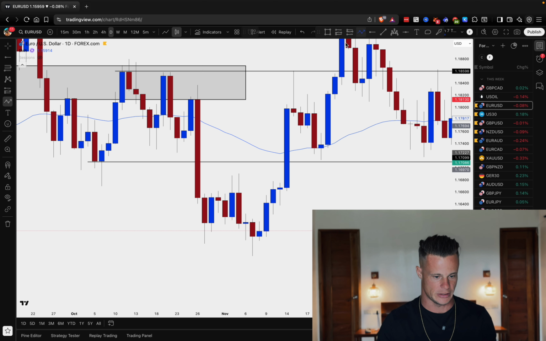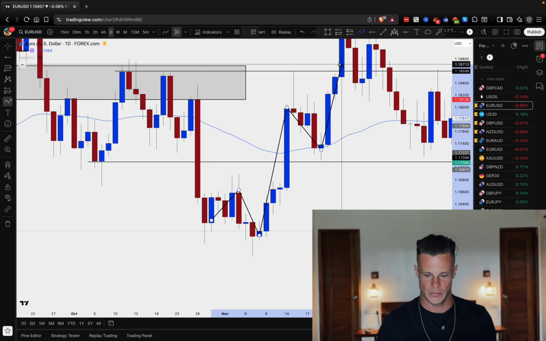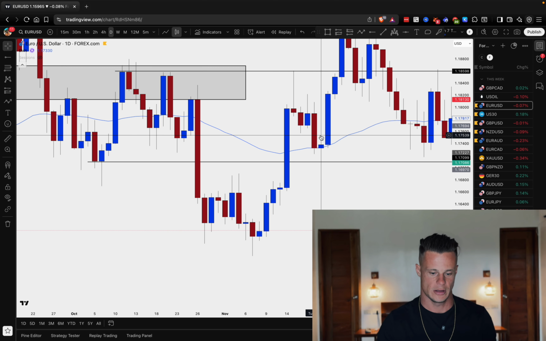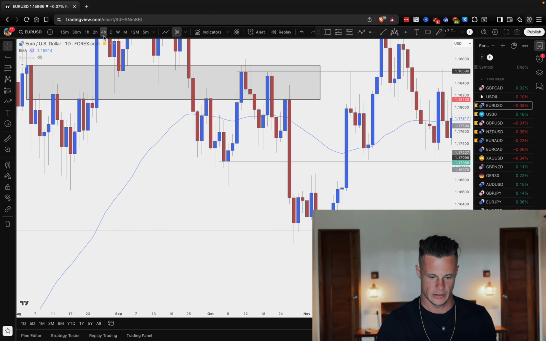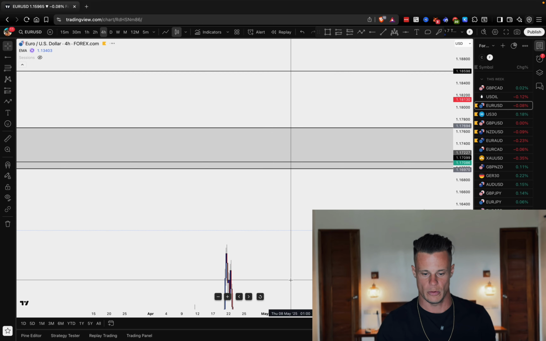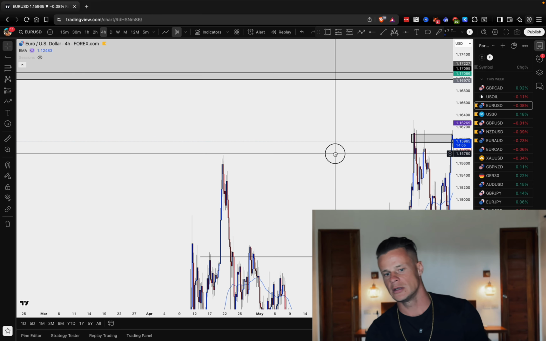For whatever reason, probably this price here or here could serve as a support. We just bounced, maybe there was news or something, so it just turned around, making this chart bullish again, and then we just continue up.